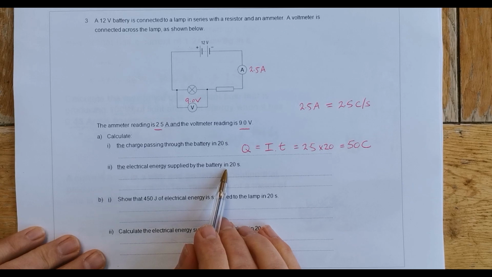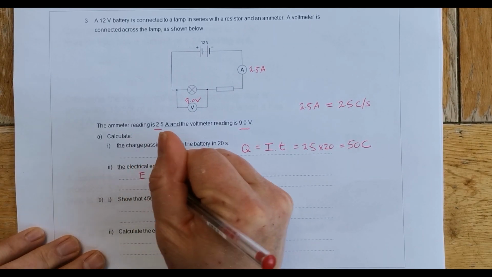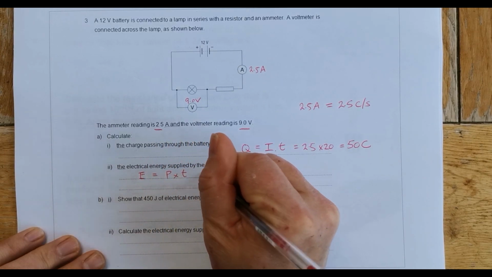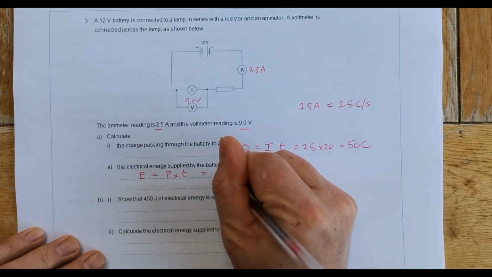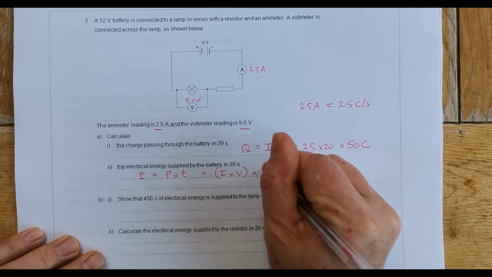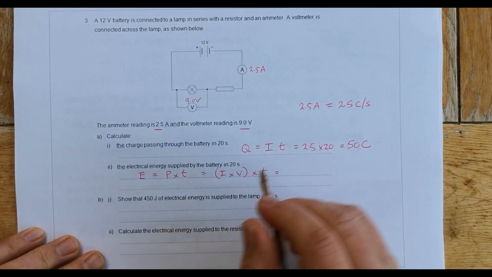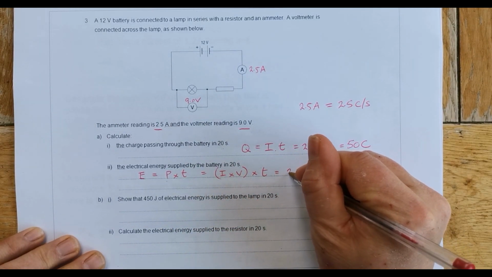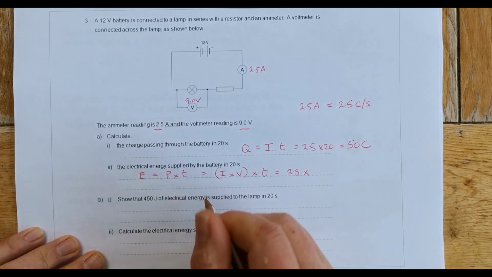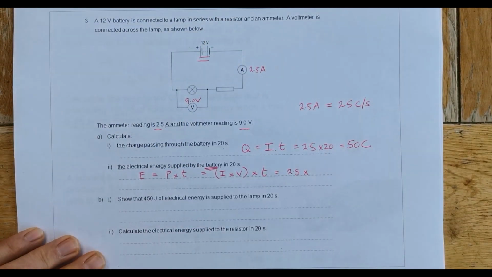What's the electrical energy supplied? Well, this is going to be E equals power times time. But remember, power is current times voltage, so energy is current times voltage times time. What's the current? 2.5 times. Now this is the battery here. This may be tricky. Electrical energy supplied by the battery.